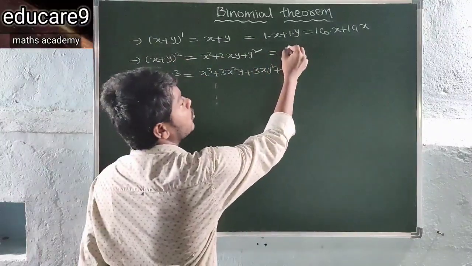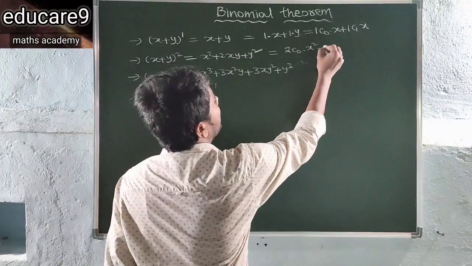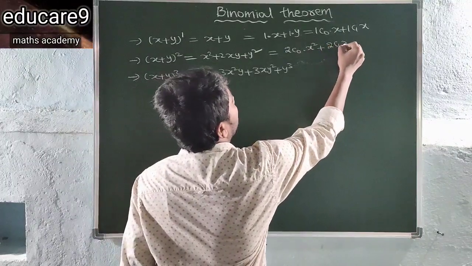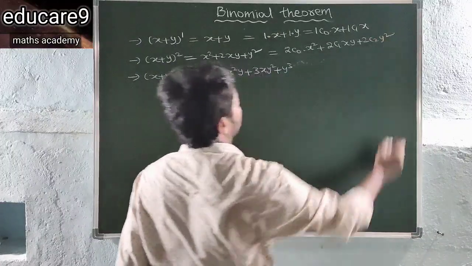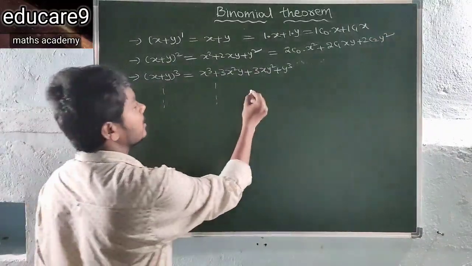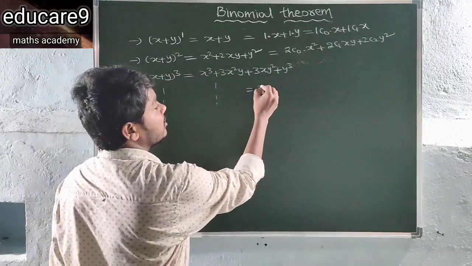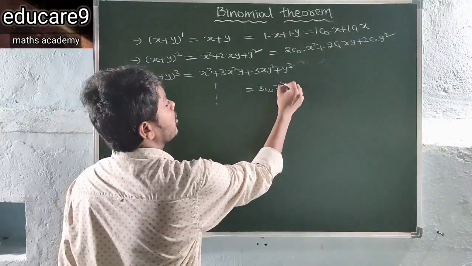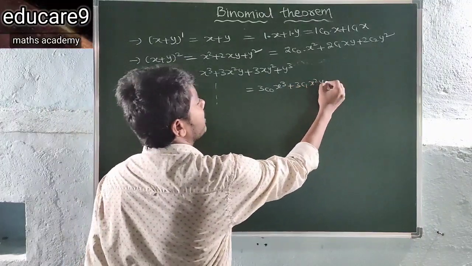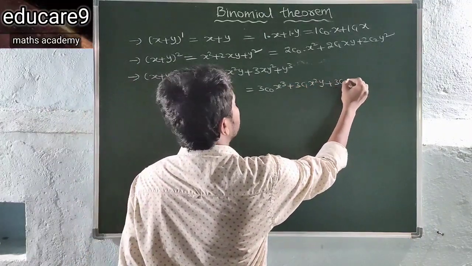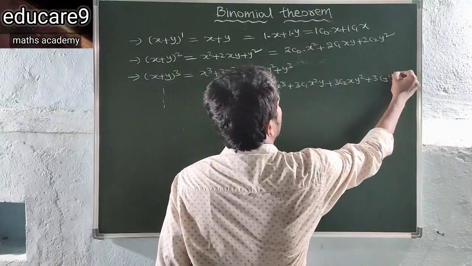So start with the 2, 2C0 x square plus 2C1 xy plus 2C2 y square, and this one, n is equal to 3. So start with 3, 3C0 x cube plus 3C1 x square y plus 3C2 xy square plus 3C3 y cube.